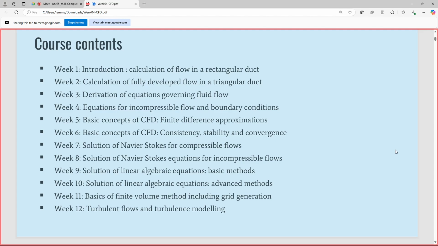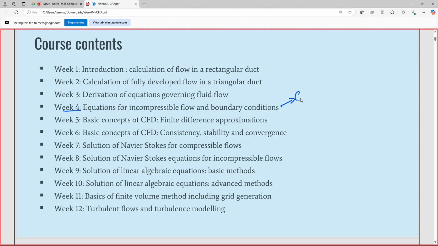So, in week 4 of our course, the governing equations, mostly for incompressible flows, including the energy equation and also some insights on the species transport equation, have all been discussed together along with their boundary conditions.